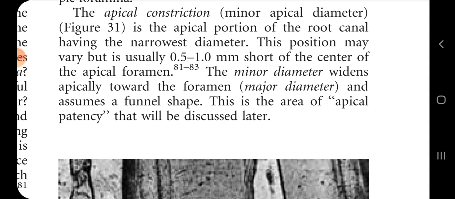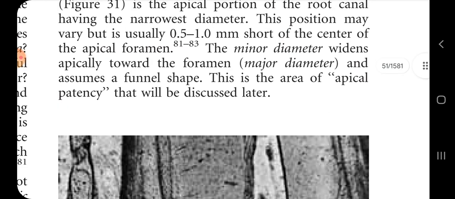The minor diameter widens apically toward the foramen, that is the major diameter, and assumes a funnel shape.